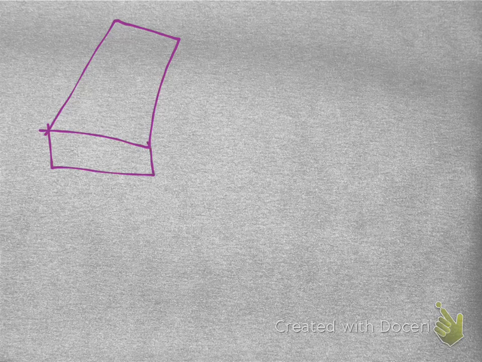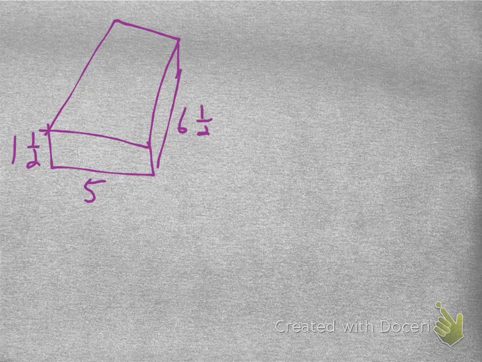Moving on. Alright, we have a sandbox. It says that this is 5, this is 6.5, and the height is 1.5. Each bag of sand, or we want to fill it up with bags of sand. Each bag of sand contains 6 cubic feet of sand. How many bags will be needed to fill the sandbox? So we need to figure out the volume of this sandbox.